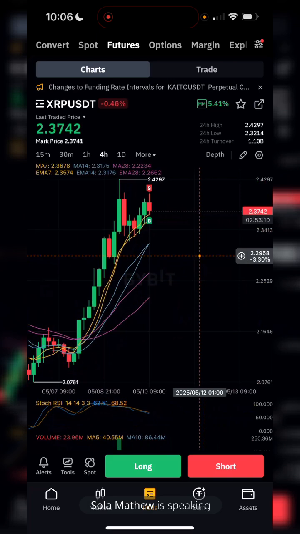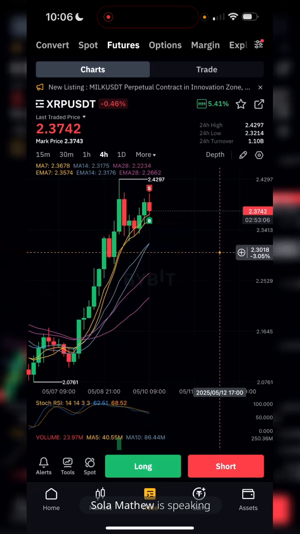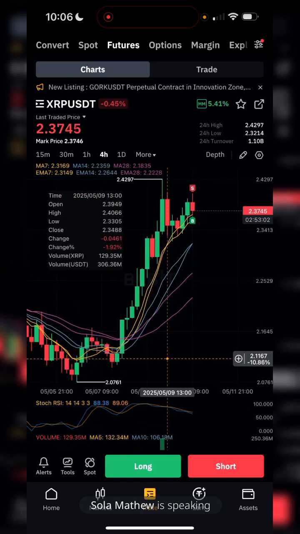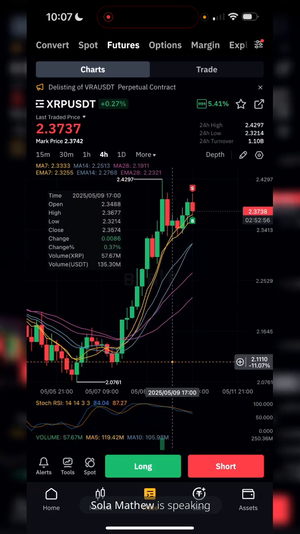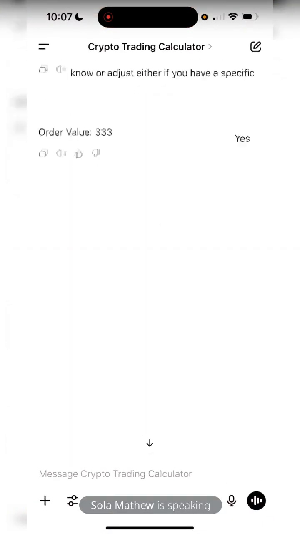Because here, as it was coming down, it's now going up. But this is not a good buy, actually. A good buy would be around here, because from this candle it goes up. So this is just a simple way to look into the market.